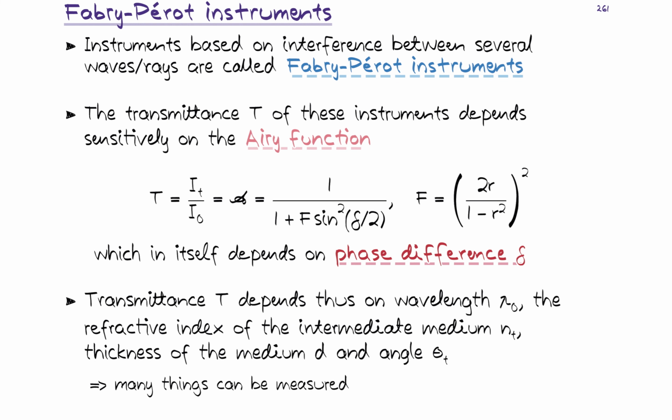So what this means is that, with such a complicated dependence on parameters, many things can in principle be measured, or maybe a better word here would be monitored. So for example, etalons, which I'll be introducing shortly, can be used to lock a laser into a specific wavelength of interest.